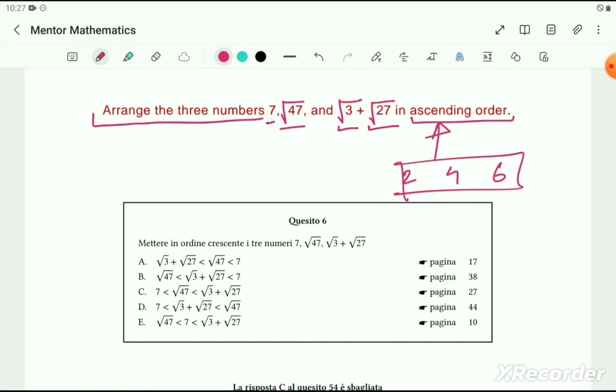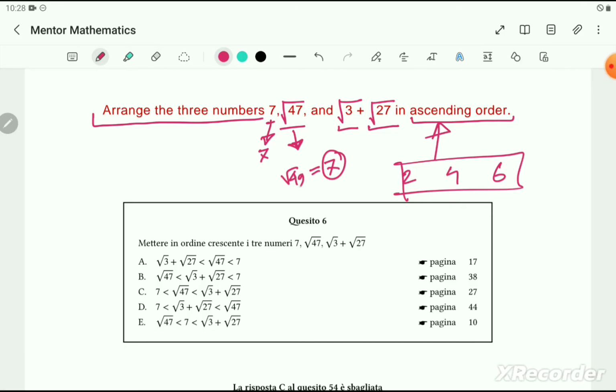So the 7 is very simple to guess. The 7 is the largest number, because if we compare here root over 47, what is the square root of 49? It is 7, right?